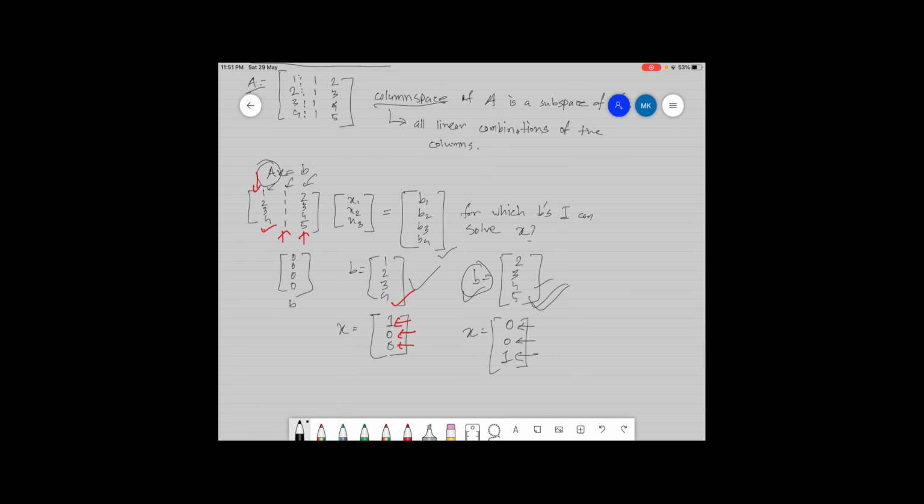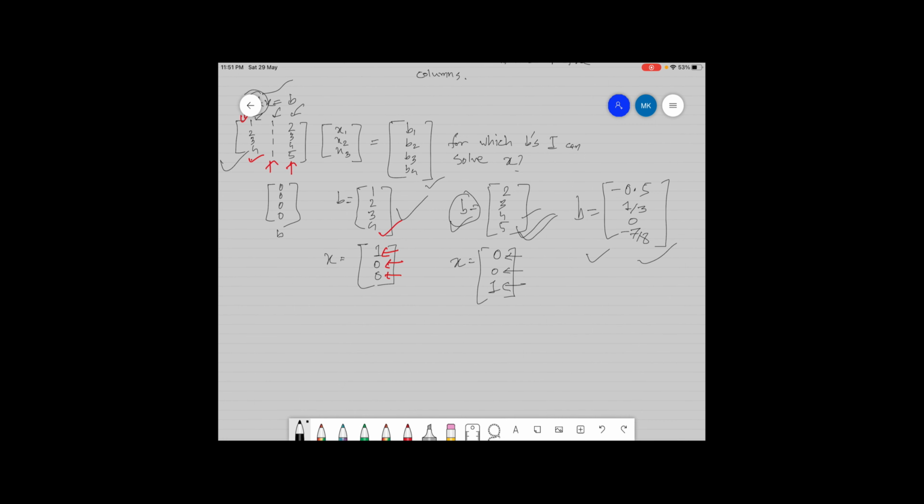If we take any vector that is not inside the column space, let's say one example can be minus 0.5, 1 by 3, 0, and minus, let's say, 7 by 8. So this solution here, I think, cannot be achieved by these columns, as this is not in the column space of A.